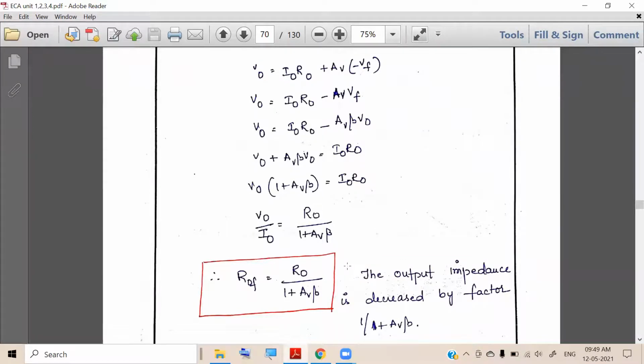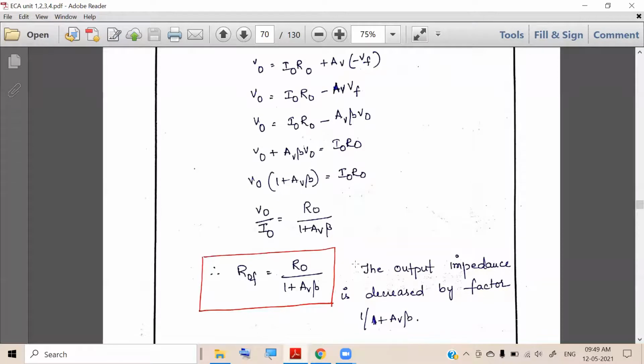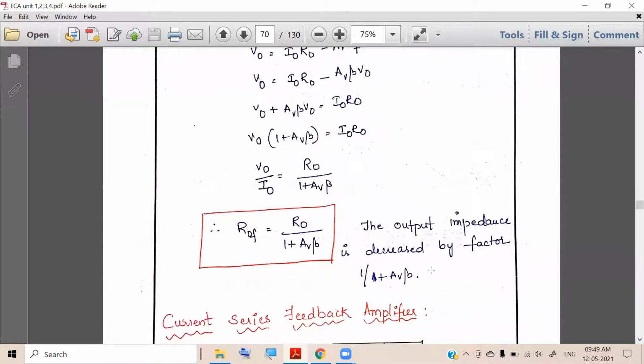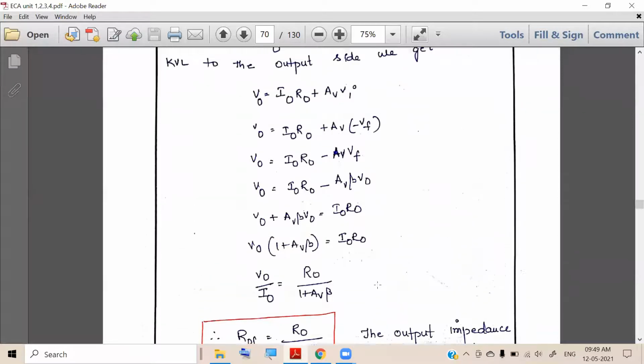So the output impedance is decreased by a factor of 1 plus AV beta for the case of voltage series feedback. Voltage series feedback we completed, but let us observe a few interesting things here.